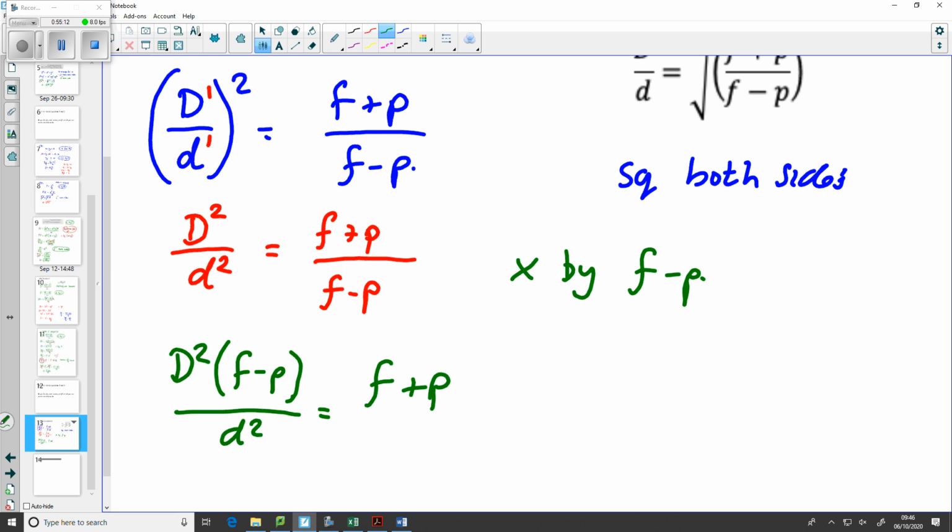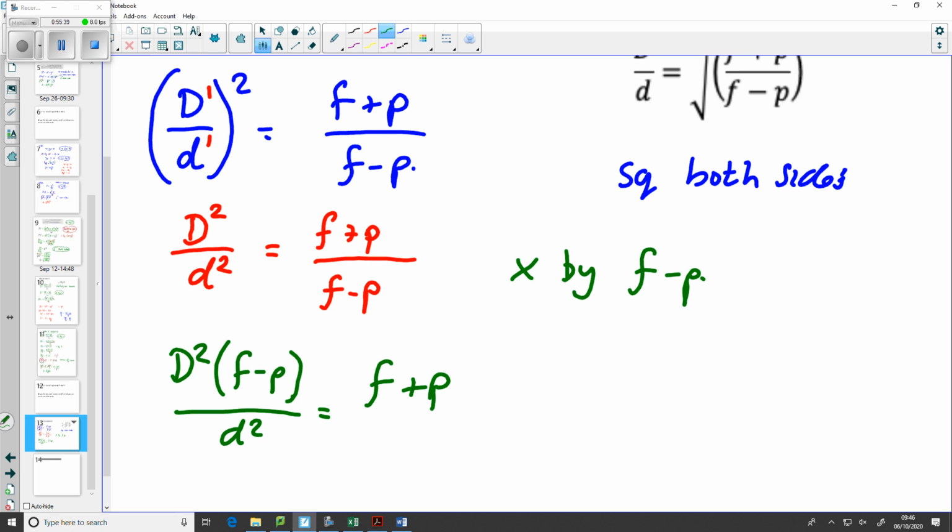Next, we're trying to get P. Yeah, because that's handy, we get rid of the fractions then. Got no fractions anymore if we do that.